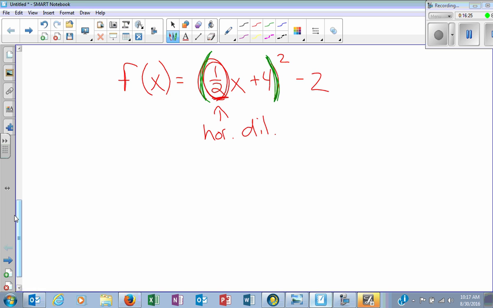Now, here's what happens. Remember how I told you this moves what? It moves it left because you think it moves it right, but inside the parentheses, it's the opposite. The reason I'm telling you that is, what do you think this dilation is going to be? It's going to be the opposite of what you think. What would a 1/2 normally have been? What would we have called it before today?